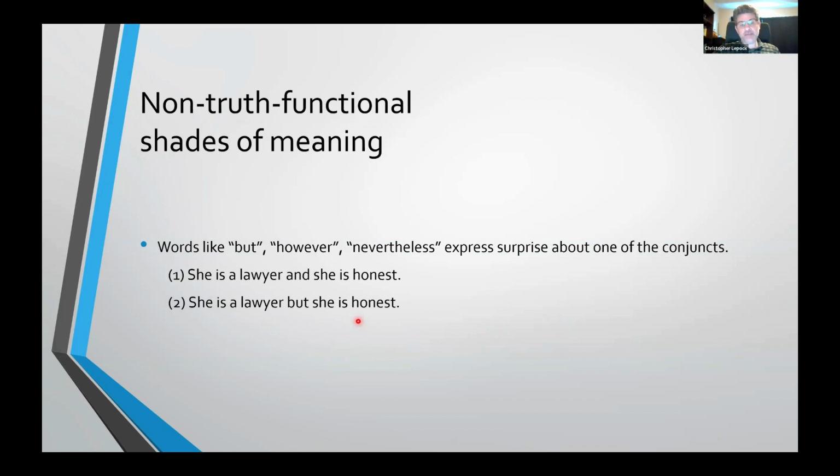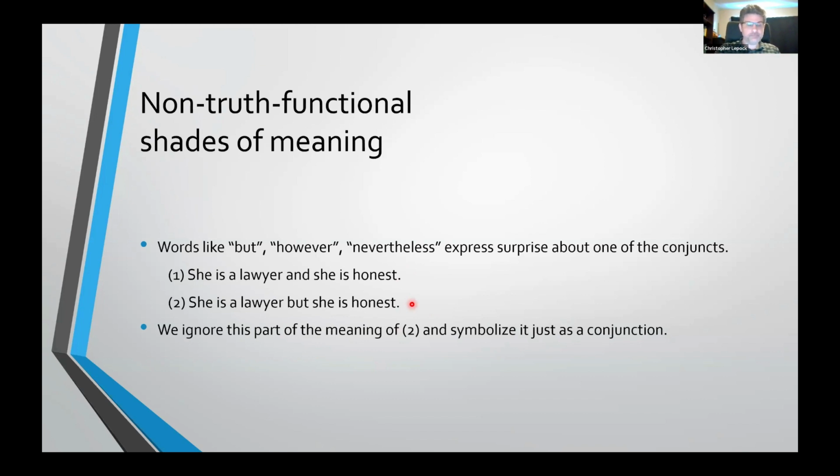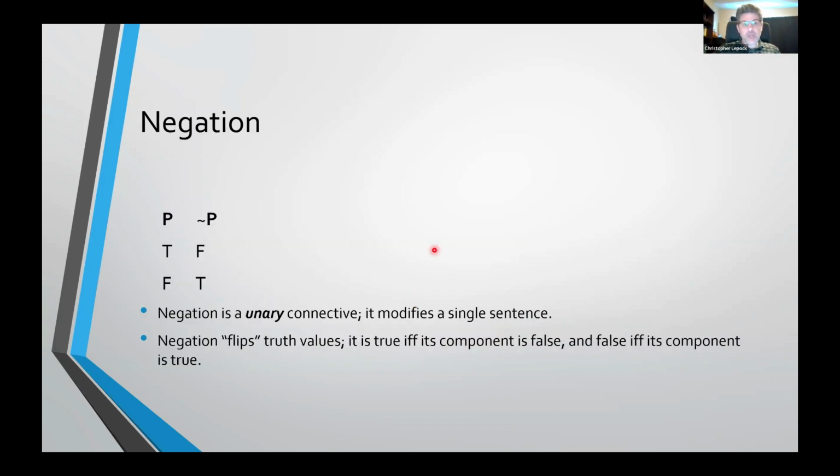The but here indicates a certain amount of surprise about the fact that she's honest. When we're symbolizing, we just ignore this, right? This is non-truth functional. So both of these in SL are just treated as conjunctions and they're treated as meaning exactly the same thing. Okay, so that's conjunction.